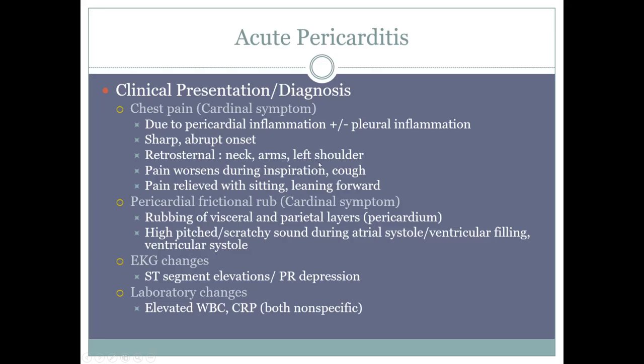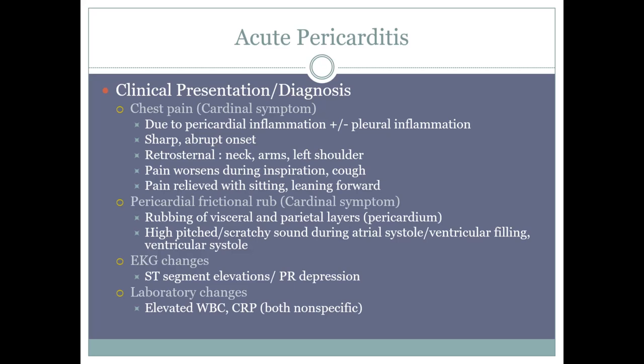But the pain tends to be cyclical, such that when you inhale, inspire, or cough, the pain is worse. And the reason for that is when you inspire, you increase ventricular filling. And increasing ventricular filling expands the heart, expands the interaction between those two pericardial spaces. Okay, forces them to rub against each other a little bit more.